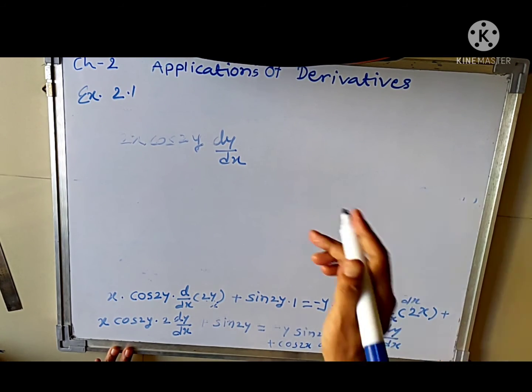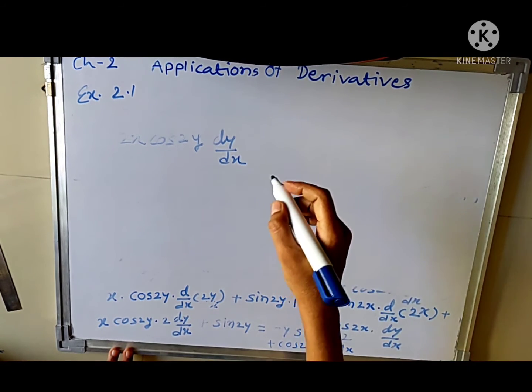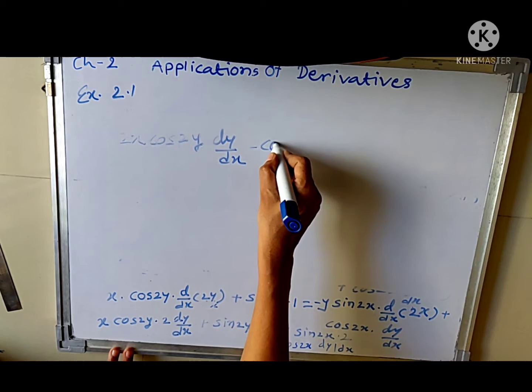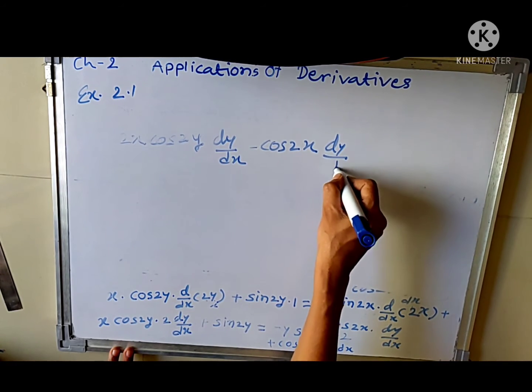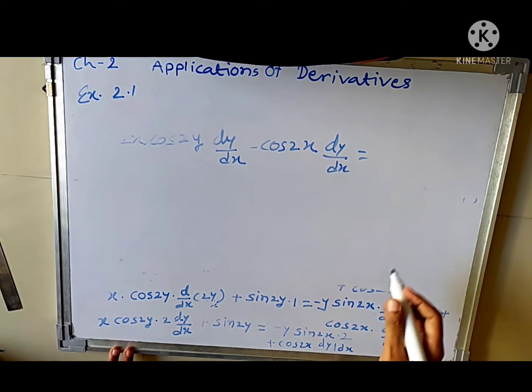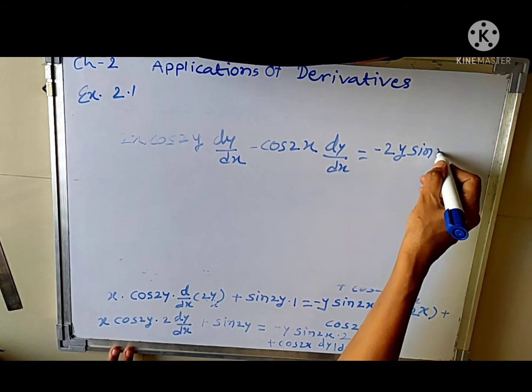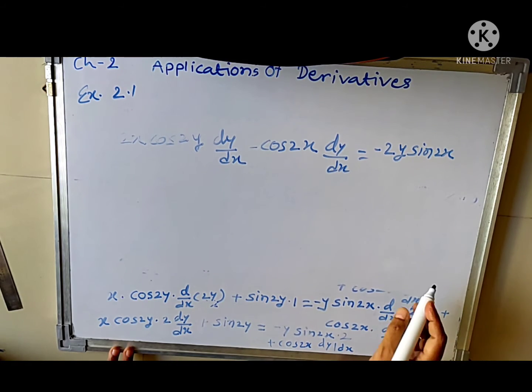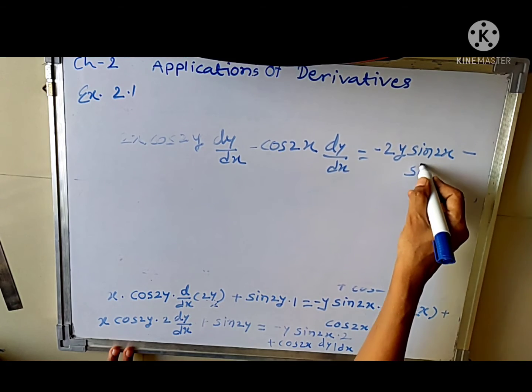Now from RHS, you have to write minus cos 2x into dy by dx equal to minus 2y into sin 2x minus sin 2y.